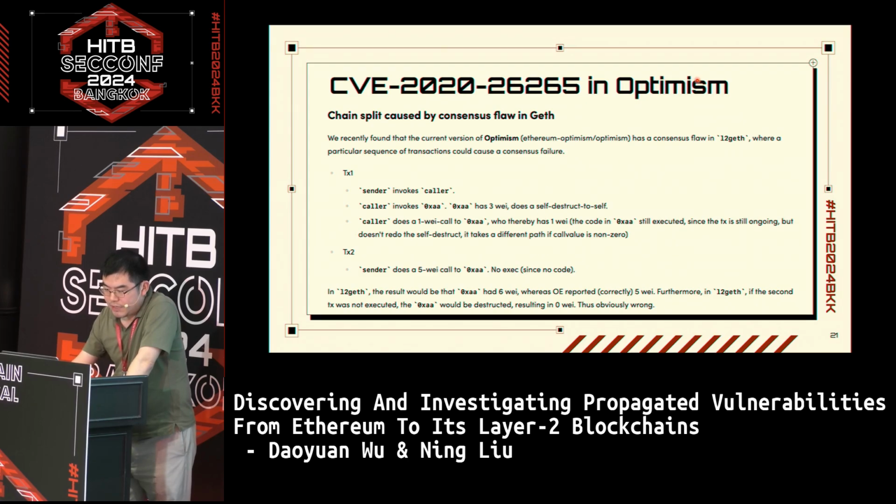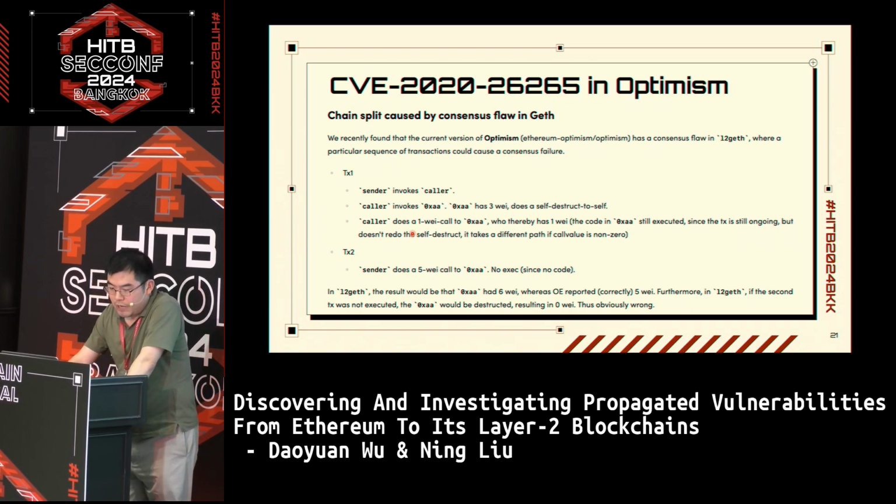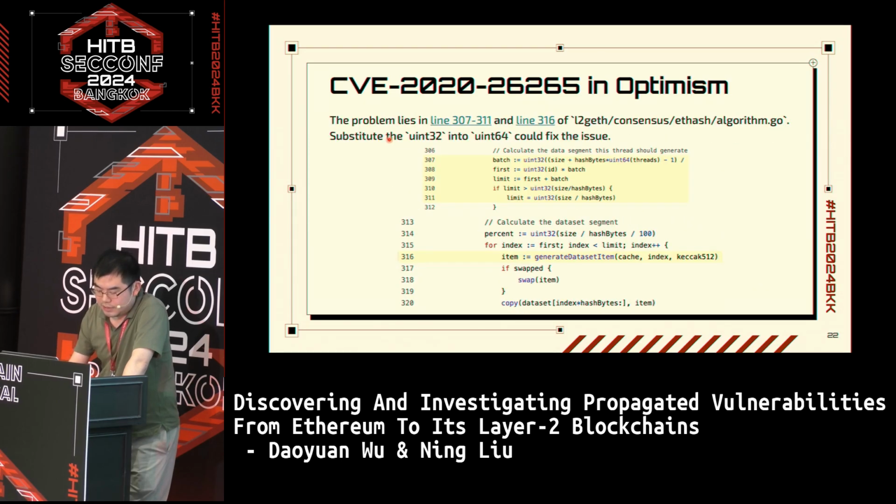And one more thing, for the Optimism case here, I did a case study in this Go Ethereum platform. Here we have two transactions. Once these two transactions are launched, Optimism can hit some consensus flaws, which will eventually lead to the chain split.